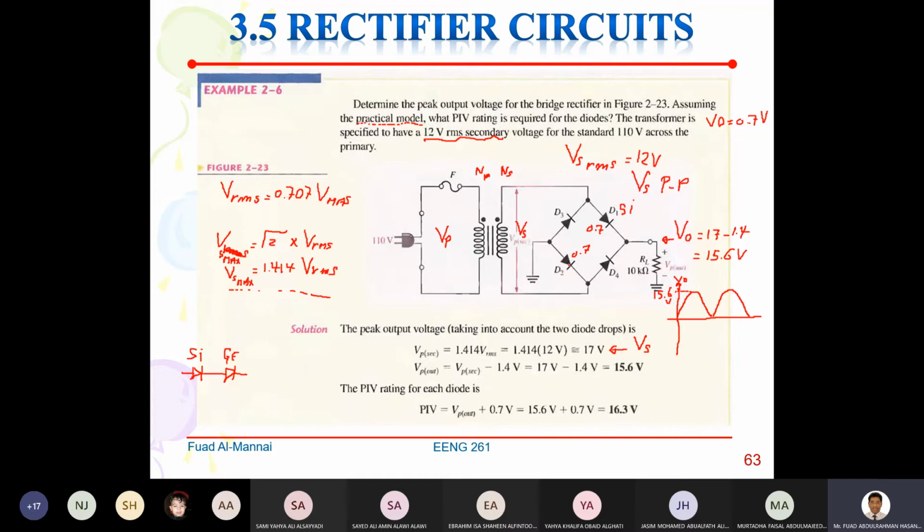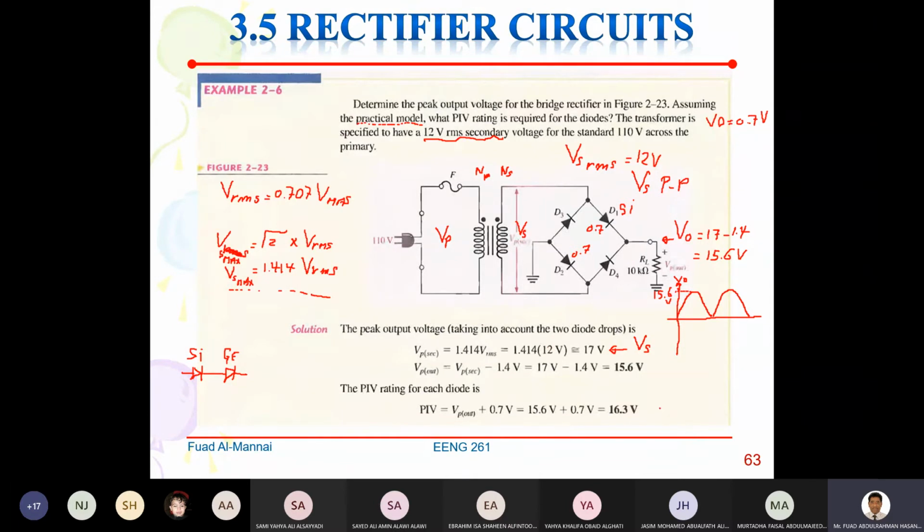So the V output will be 17 volt minus 2 diode drops, 0.7 plus 0.7 is 1.4, which gives 15.6 volt.